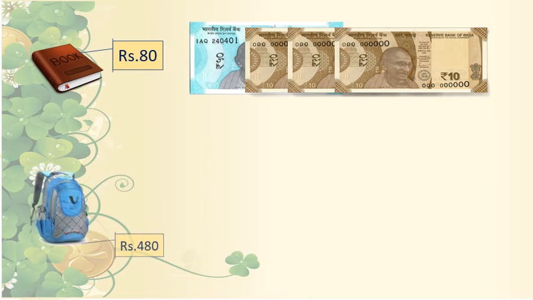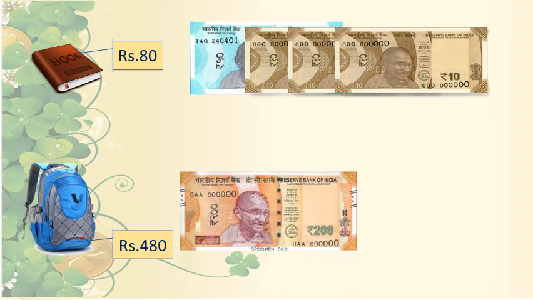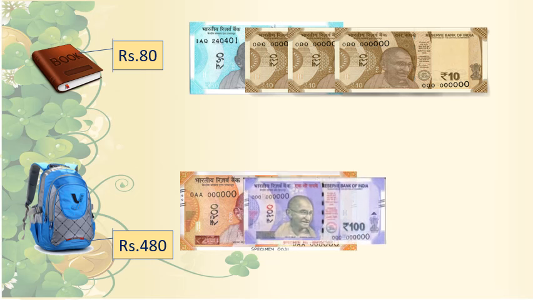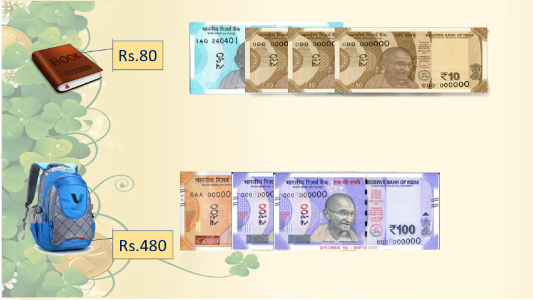Okay. Now this bag, the cost of the bag is 480 rupees. Now we will give 480 to the shopkeeper. We are having 200 rupee notes, 50 rupee notes, 10 rupee notes, 20 also we are having, 100 rupee note also we are having. Okay. See here, this is a 200 note, 1 note, then a 100 rupee note, that became 300.